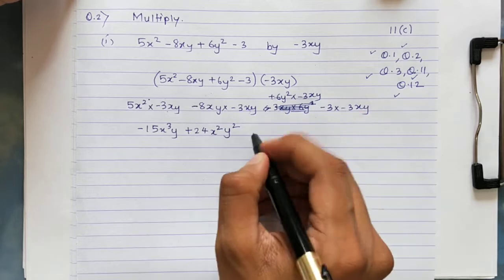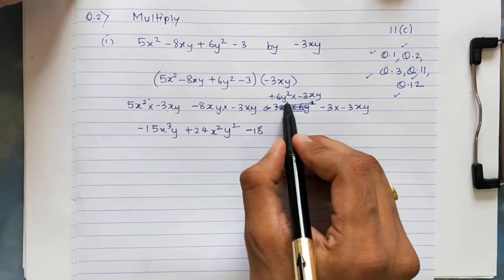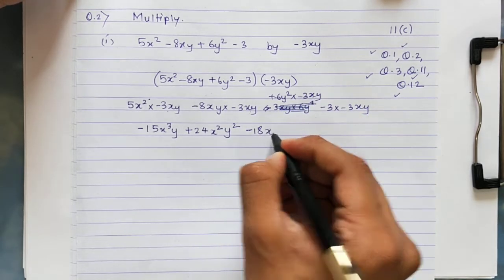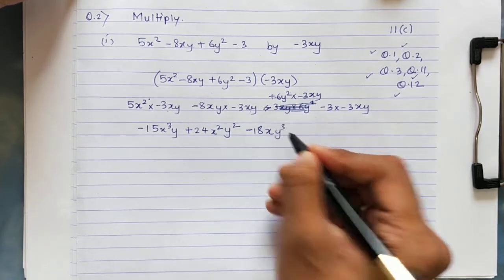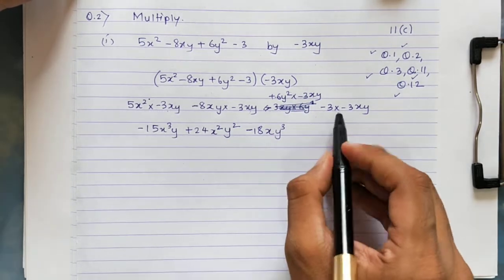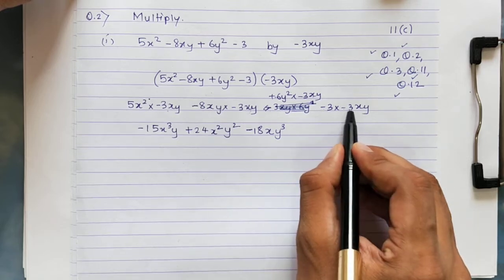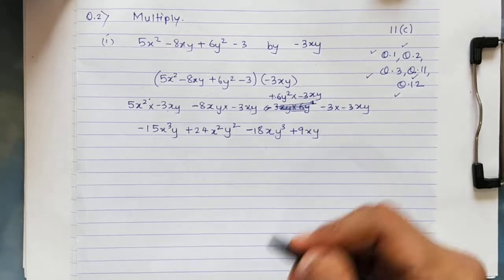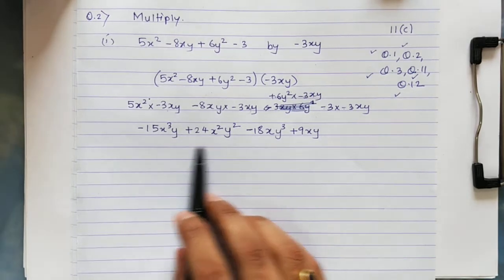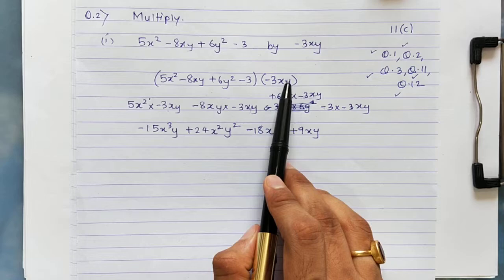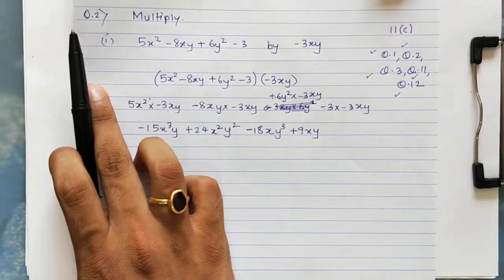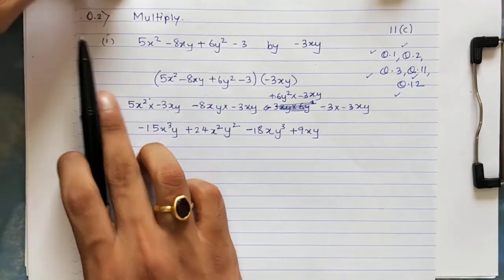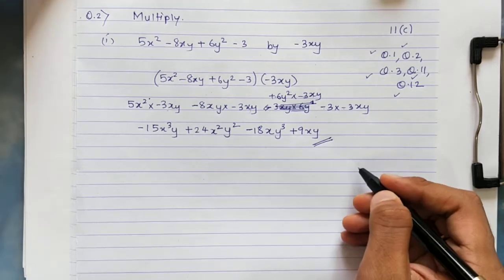Plus 6 into minus 3 is minus 18, xy square into y is y cube. Then here minus 3 into minus 3 is plus 9xy. We have multiplied minus 3xy with each of the terms. I hope you have understood. This is the answer. That's it. Copy it.